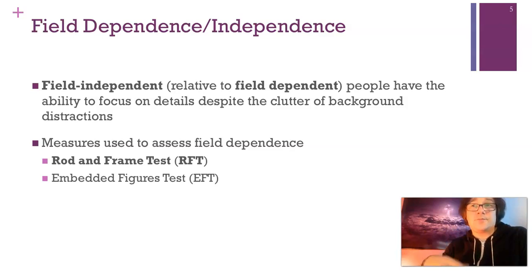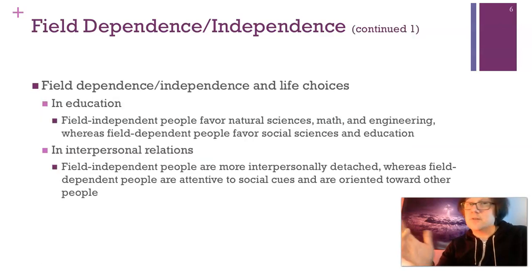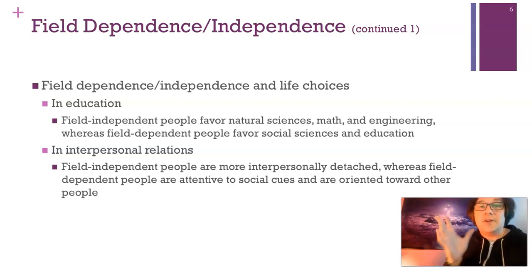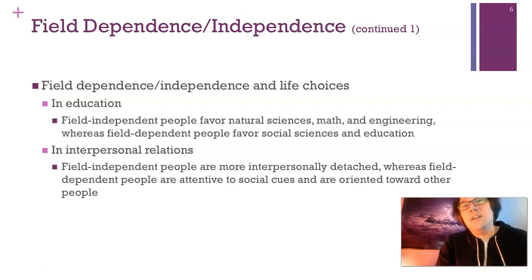And those who would make more errors or would have more difficulty picking out these shapes or images would be considered more field dependent. So there are a couple of ways to measure field dependency, and as I said, there are a couple of personality findings that research has shown through several studies, so they tend to be pretty consistent.